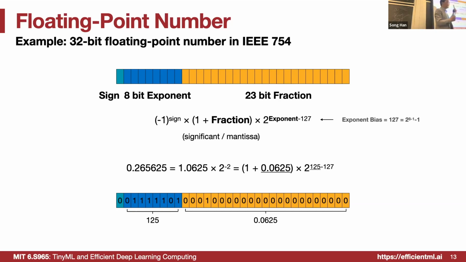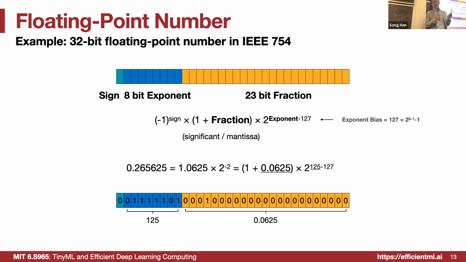So compared with integer representation, what is the advantage of floating point representation? Larger range, exactly. Since this is 2 to the power of the exponent, this can represent a much larger range of numbers, which is quite critical for training neural networks.